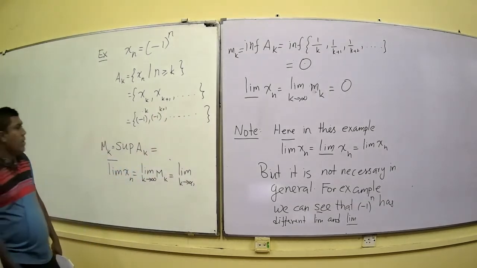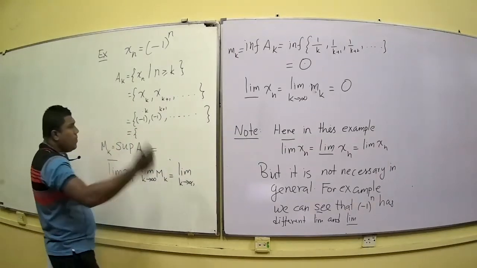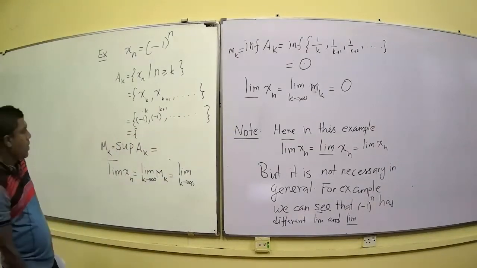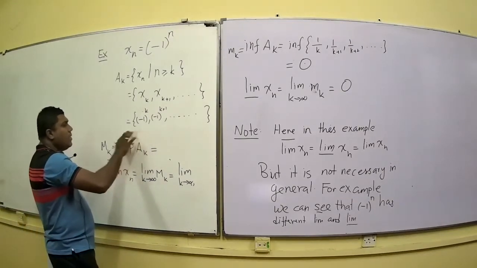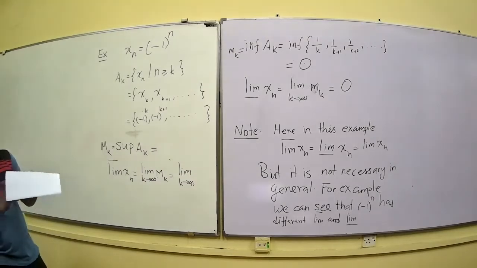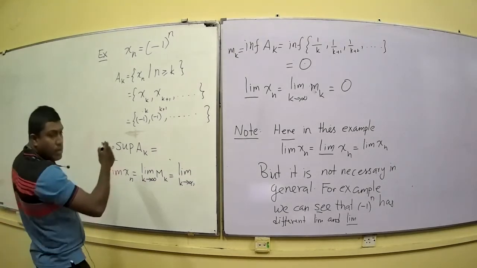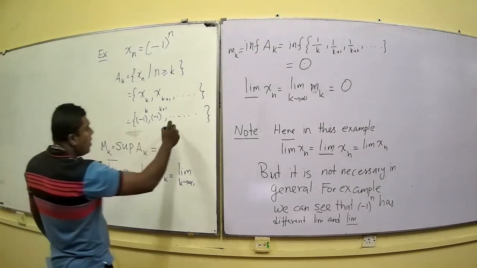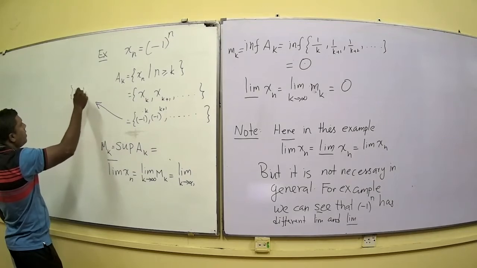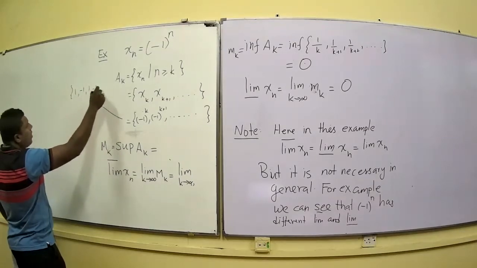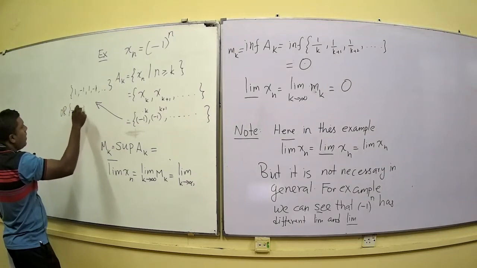So actually these elements are going to be -1, +1, -1, +1. I'm not going to say what order, but you can see that if k is even, then it will be +1, -1, +1, -1. So it goes like this, or it goes like this, -1, +1, -1, +1.